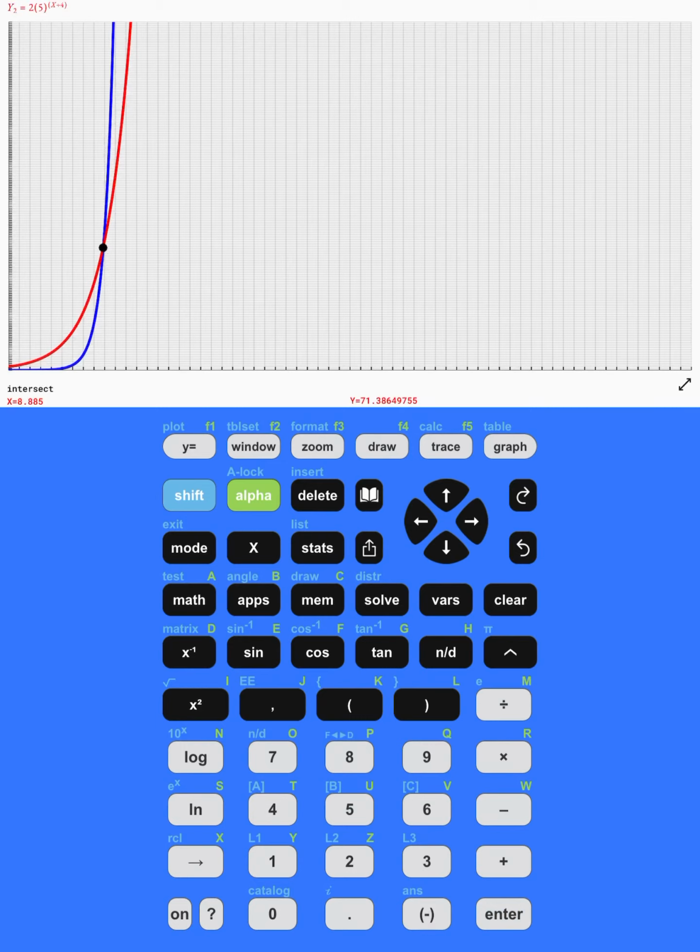So the intersection should be about 8.885.